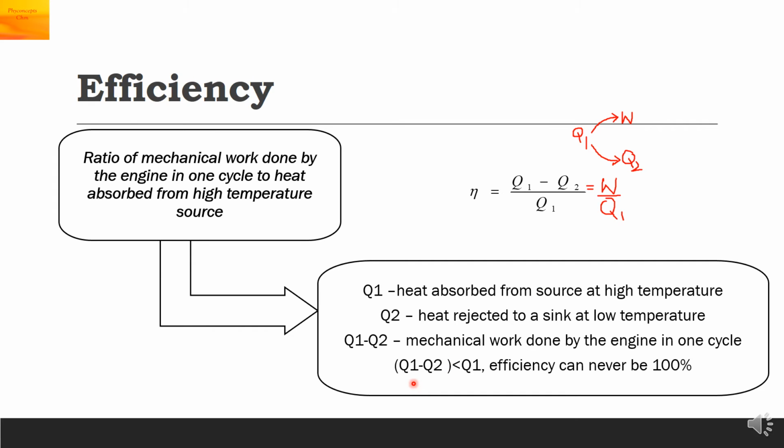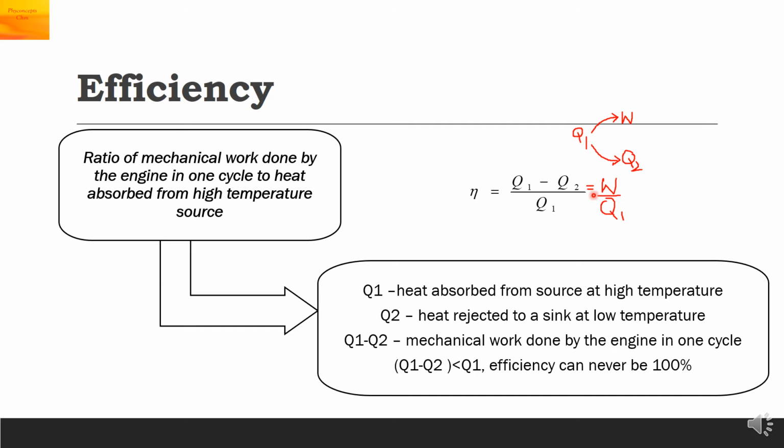Now this Q1 minus Q2 will always be less than Q1, so the efficiency can never be 100%. The maximum value of eta is 1. In terms of percentage, it will be 100%, but normally we do not get eta equal to 1 because always some amount of heat Q2 is lost.